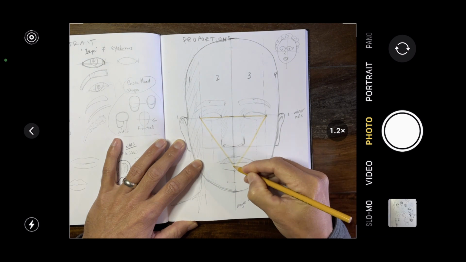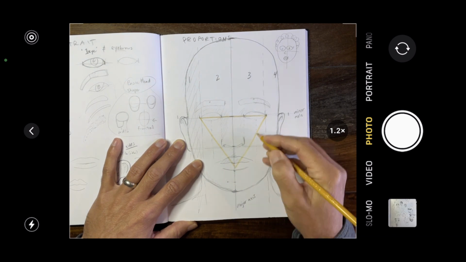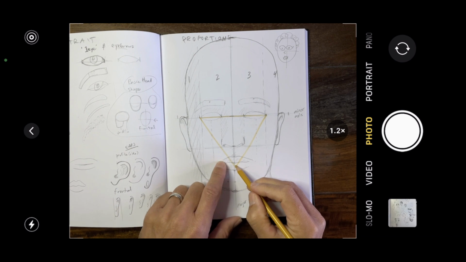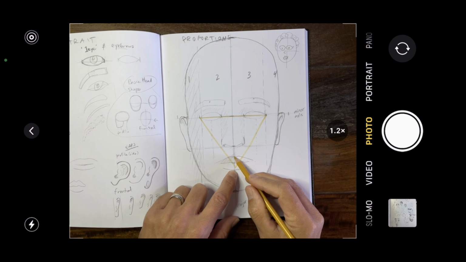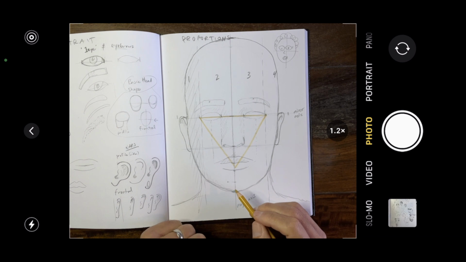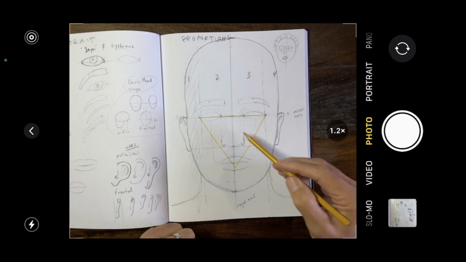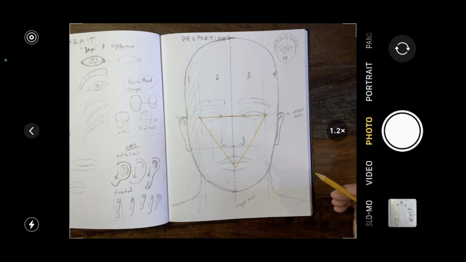I missed a little bit. But to point out, this point is either the bottom, middle, not usually the top of the mouth, but somewhere in this zone on the lower lip. So kind of try to measure that. And that's one way to place the mouth and help you place the features more accurately.